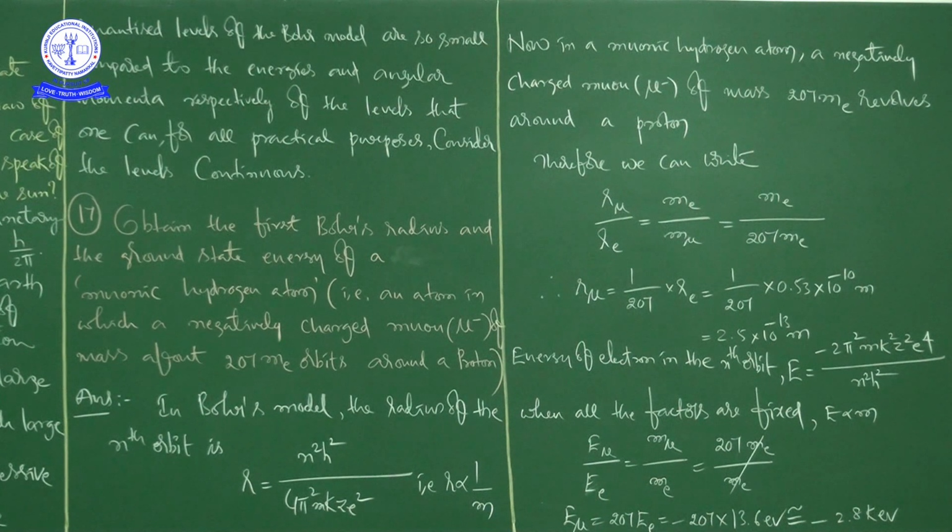Next we are going to calculate energy, the energy of the electron in the nth orbit.